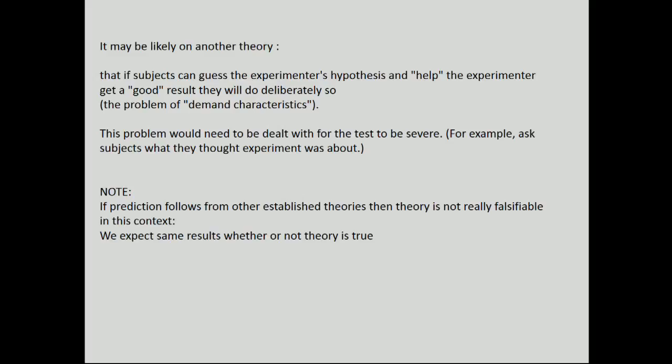And subjects often like to be helpful, in inverted commas, and give you what you want, because they're nice. So they work harder after the achievement words, just because they think that's what will make you happy, and that's what they as a good subject should do. So that's what's called demand characteristics.